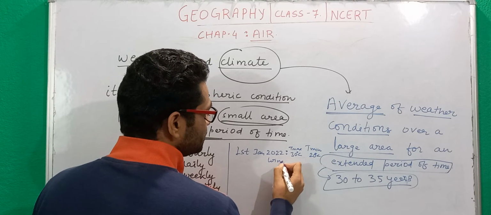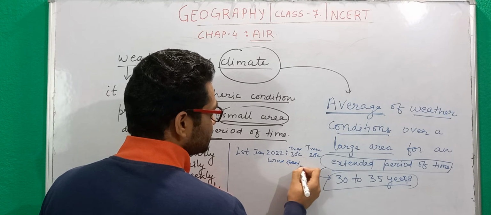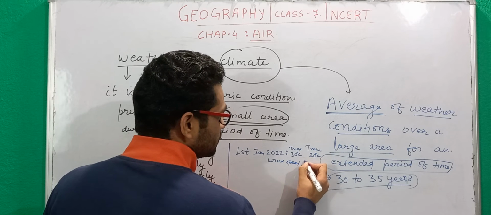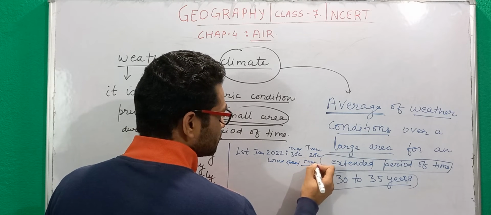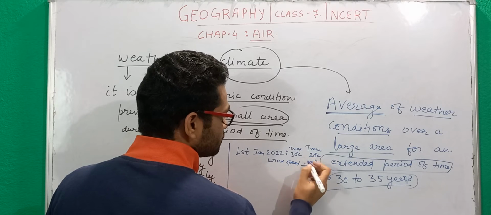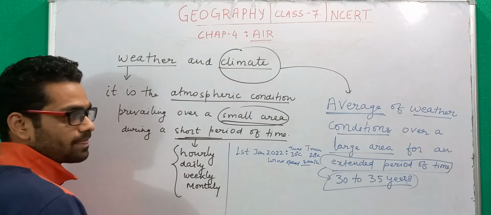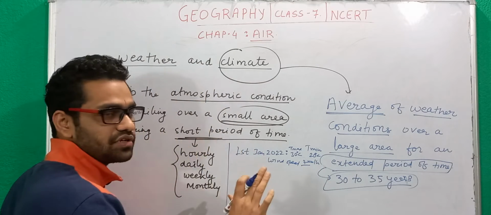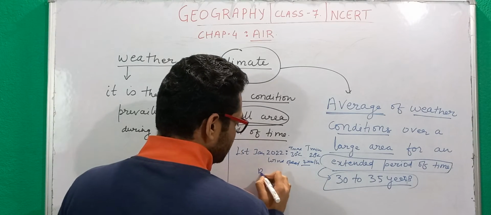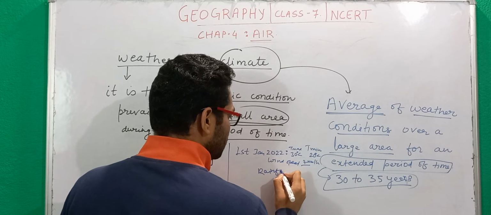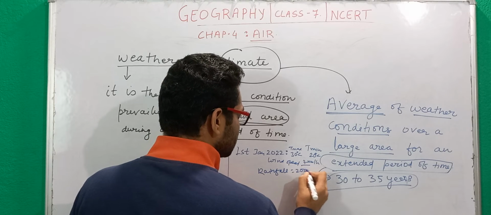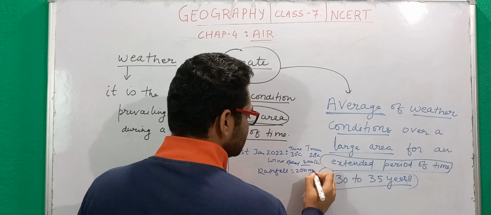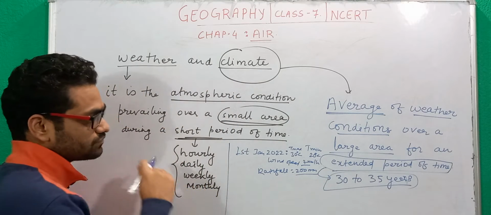The wind speed, let's say, is something like 5 kilometer per hour, or suppose 2 kilometer per hour, or meter per second, whatever you want to. It's just an arbitrary number. Okay, then you have rainfall of suppose 200 centimeter or 200 millimeter, whatever you want to take.